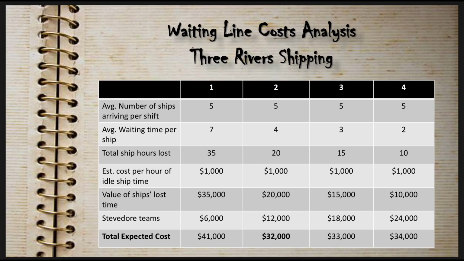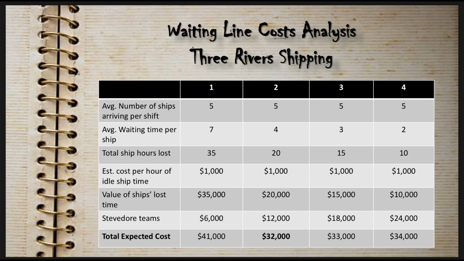So 35 multiplied by $1,000 is equals to $35,000, and that also applies to the rest of the columns. Take for example 20, just a second row, 20 i-multiply sa 1,000, it will be $20,000. And yung 15 i-multiply sa $1,000, it will be $15,000. And yung 10 just sa fourth column i-multiply sa $1,000, it would be $10,000.